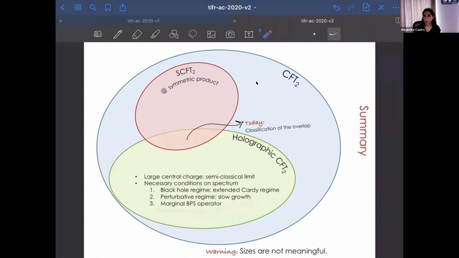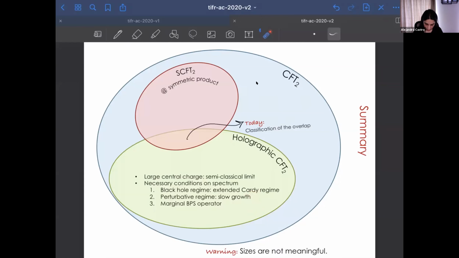Basically I gave you a whole infinite family of CFTs that meet these two criteria. The infinite family of CFTs that I gave you was symmetric products of N equals 2 minimal models, plus some other examples that you would have recognized from K3 nonlinear sigma models.